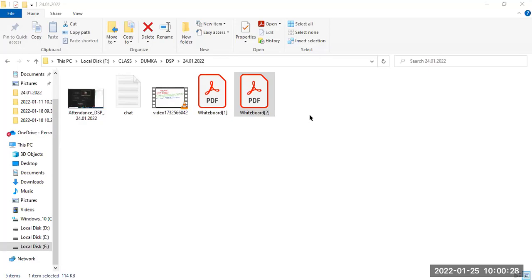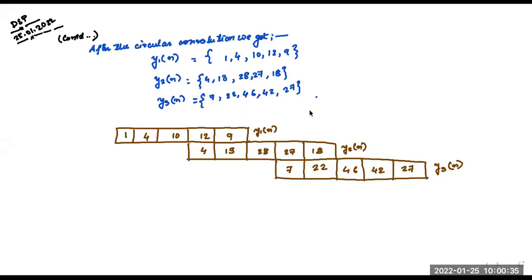Understand? But here what we will do is add. That's why it is named overlap add. We add the last two data points of each block with the first M-1 data points of the next one.